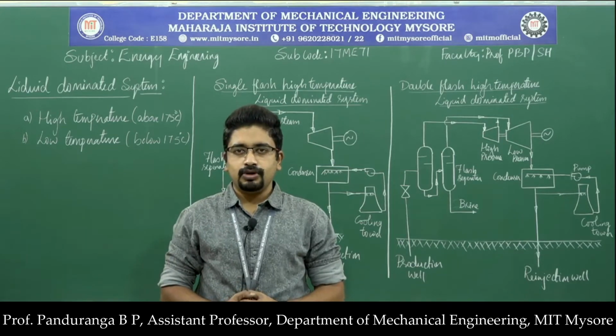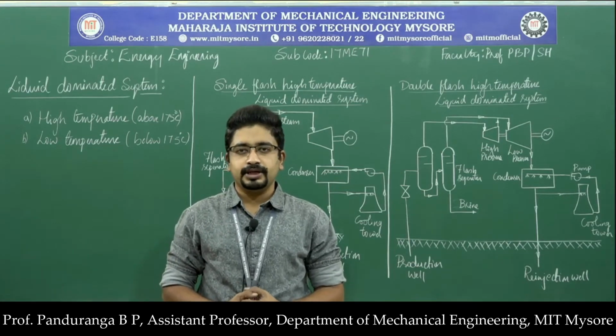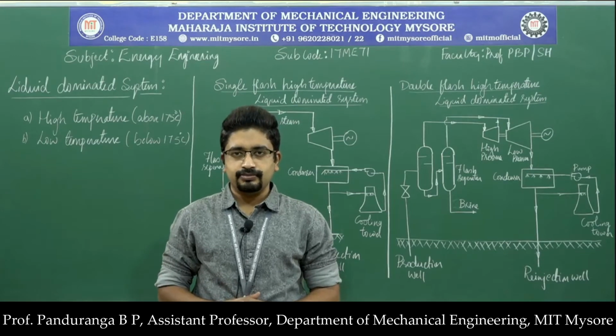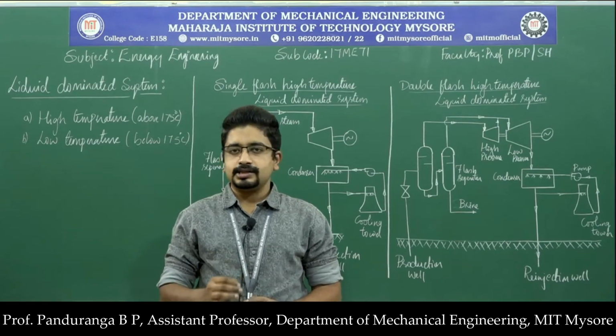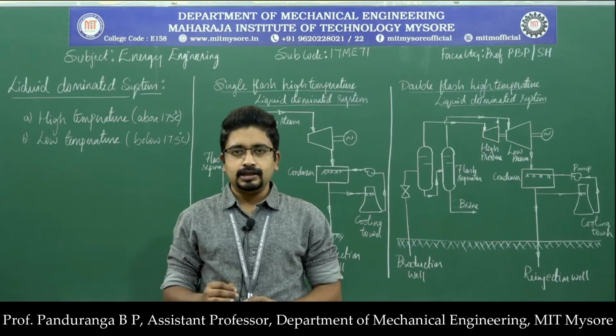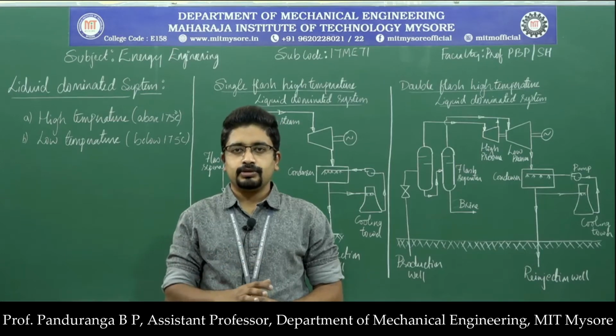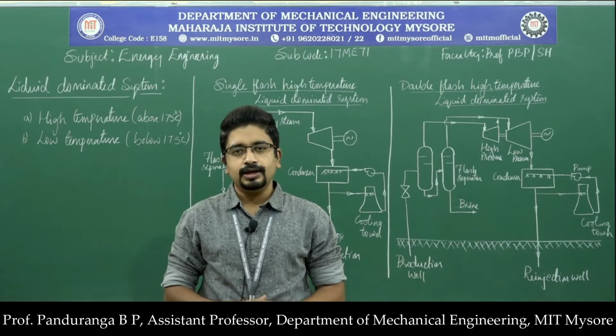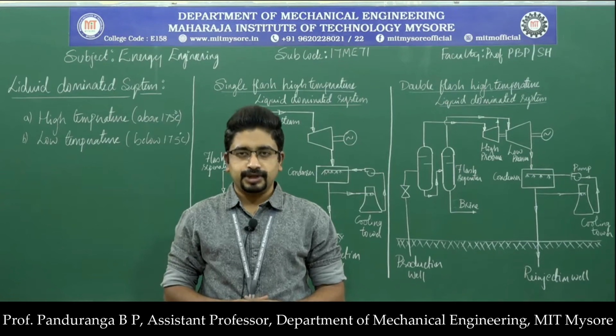Now let us see how to utilize a liquid dominated system. We call a geothermal source a liquid dominated system if the temperatures are higher but the fluid coming out of the production well remains as liquid water due to higher pressure.